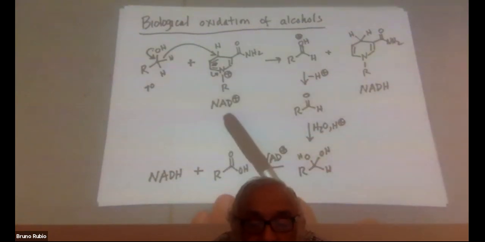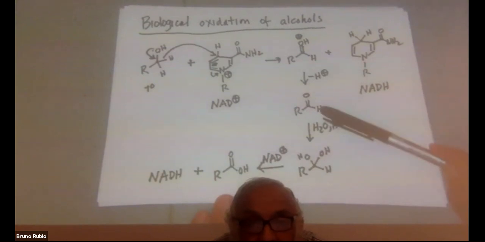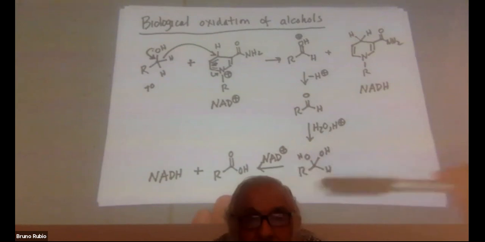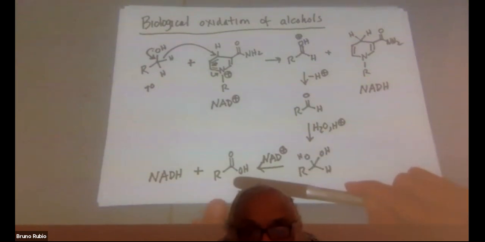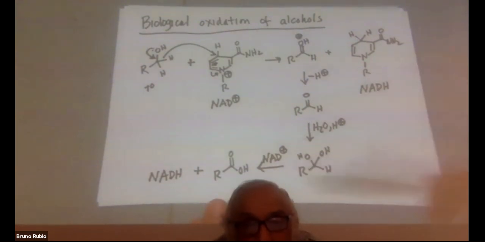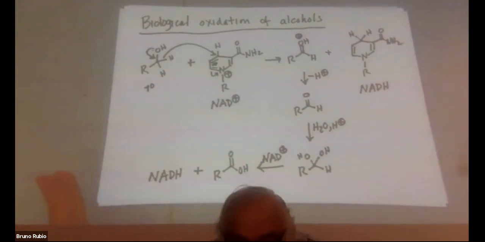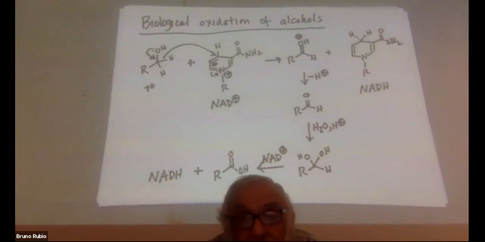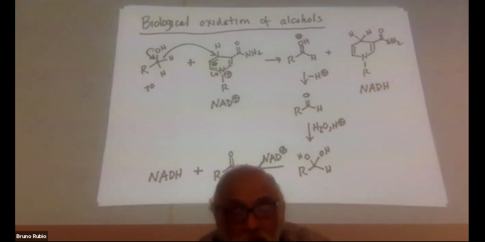So it reacts with NAD+, and it makes this acetaldehyde. And then the acetaldehyde reacts with water and more NAD+, and you end up with acetic acid as the final product. So this is how your body detoxifies alcohol. But oxidation of alcohols is a pretty general reaction biologically.